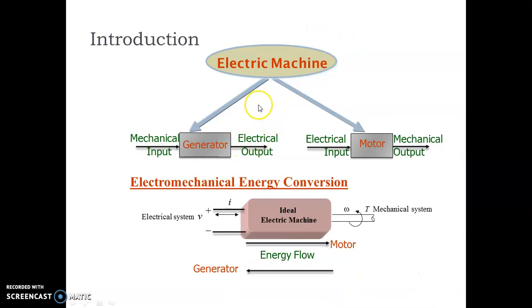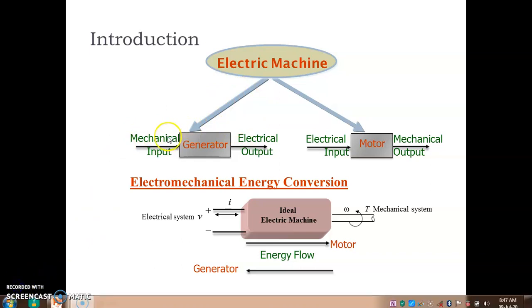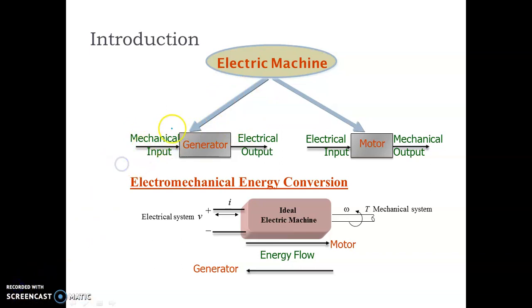Now I will give you an idea of how this works. An electric machine is of two types, generator and motor. If mechanical energy is input and electrical energy is output, it is called a generator.